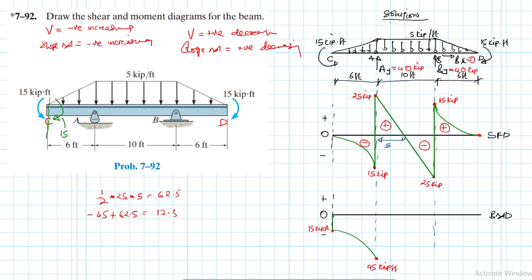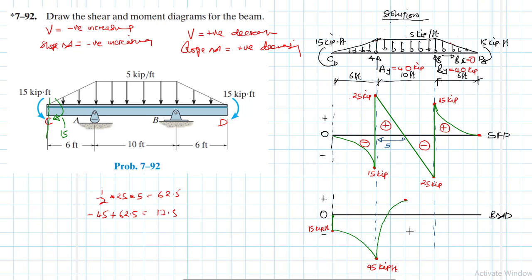Okay, so we have this behavior where we have a positive but decreasing. It's a quadratic, so we'll have this behavior like so, like so, like so.